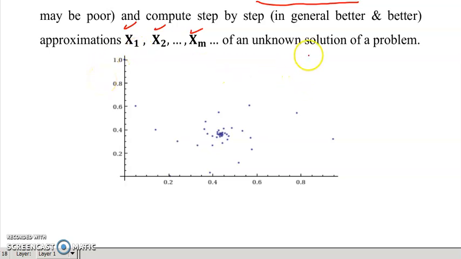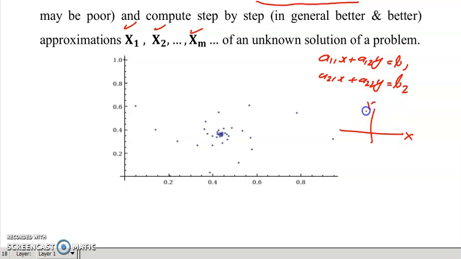If you remember, in the 9th or 10th class you studied this type of equation and its solution. Suppose a11x plus a12y equals b1 and a21x plus a22y equals b2. When finding the exact solution, suppose this is the x-axis and y-axis, this is the first equation and this is the second equation.